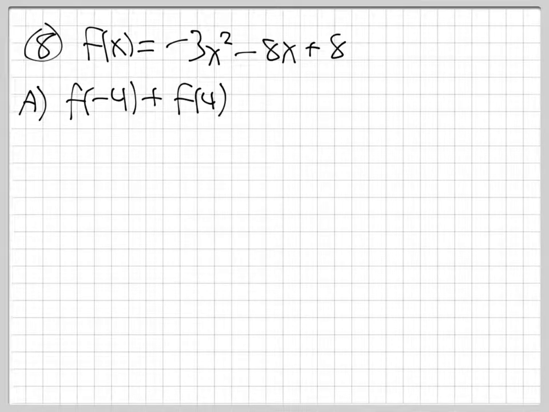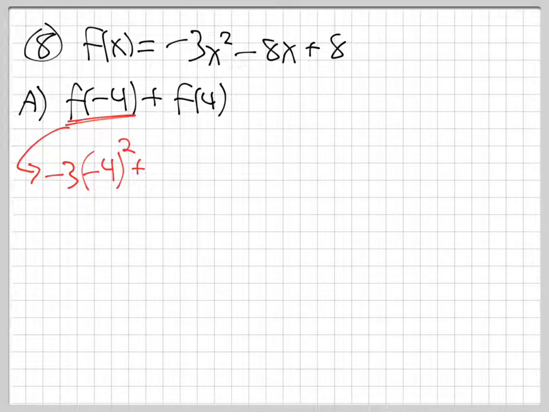Does that make sense what you do there? That means you're going to plug negative 4 into that whole function and work it out. Then you're going to plug positive 4 into that whole function and work it out, and then add the two results. Right? That good? So now starting here, we'll take minus 3 and plug in the minus 4.